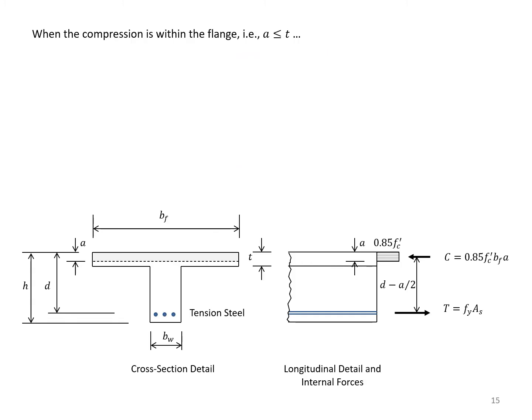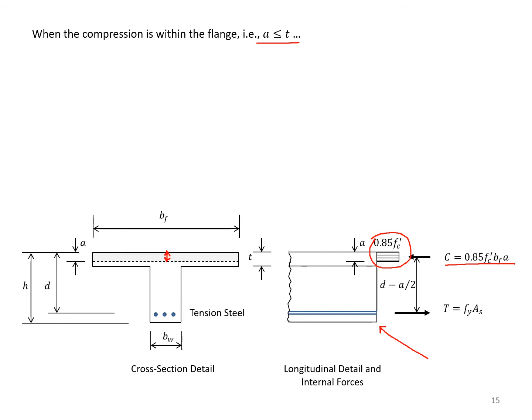When the compression is within the flange, in other words a is smaller than t, as you can see in this figure again, compression is confined within the flange. We can write the internal forces as you can see in this longitudinal detail. The compression stress is 0.85 f'c applied over the depth a, and therefore the total compression force is 0.85 f'c bf multiplied by a.